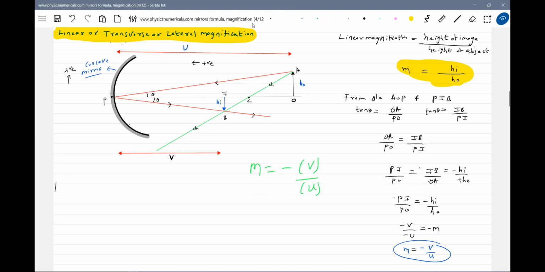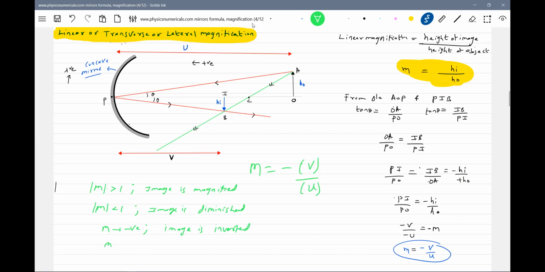If m is less than 1, the image is diminished. If m is negative, the image is inverted. If m is positive, the image is erect. Looking at the signs, we are going to interpret and substitute v and u with sign.